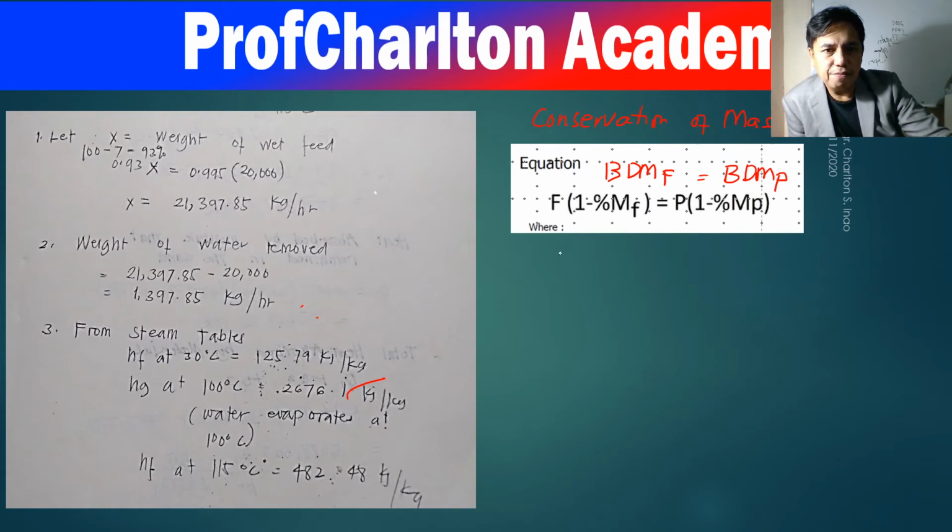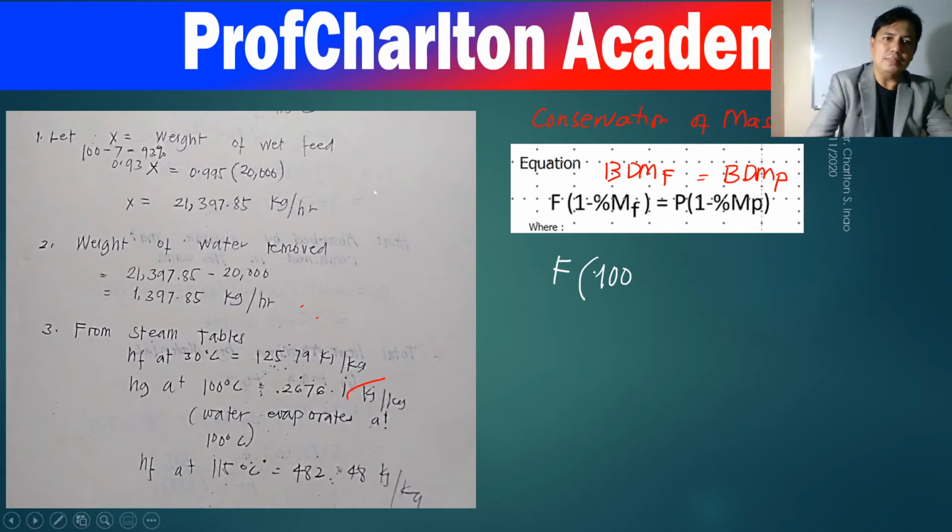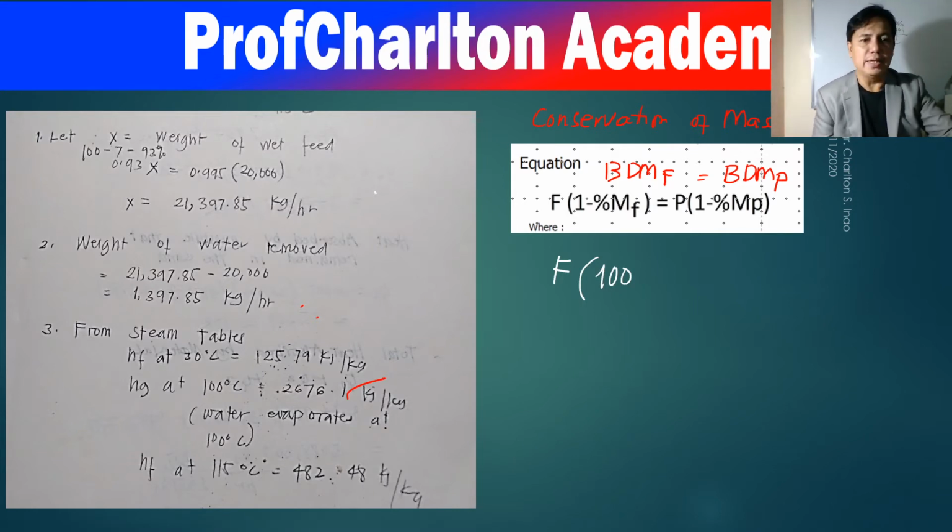So the flow of the material on the feed side, in kilograms per hour, is multiplied by 100% dryness, because we are talking about dryness now.